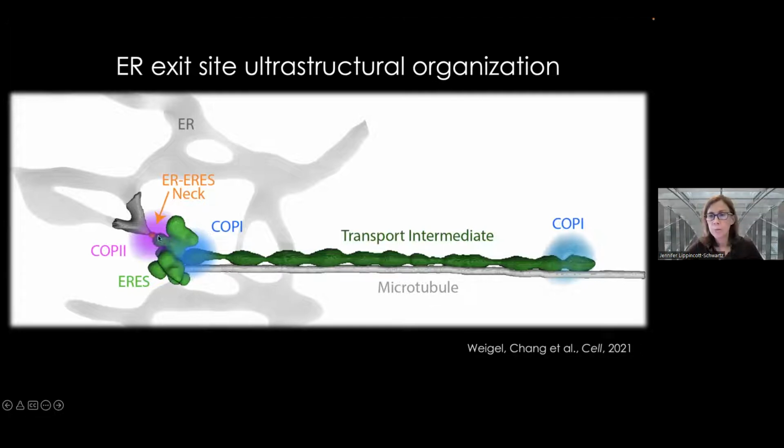And you can see a stable neck connecting these two domains. And then you see this long transport intermediate pulling off from this structure that's still connected to the ER, which we're calling ER exit sites.